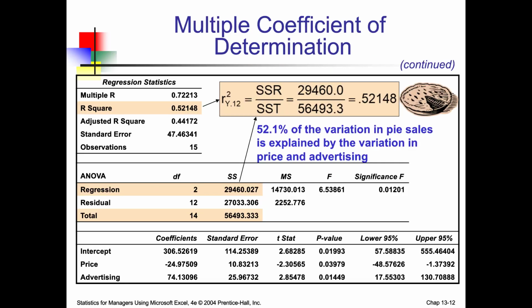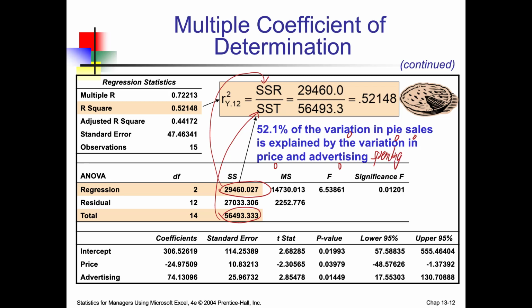We can easily find those: the regression sum of squares, SSR, goes here, and the total sum of squares goes here. We divide those two numbers and get R squared. In this case, R squared is 0.52148. What this tells us is that 52.1% of the variation in pie sales is explained by the variations in price and advertising spending.